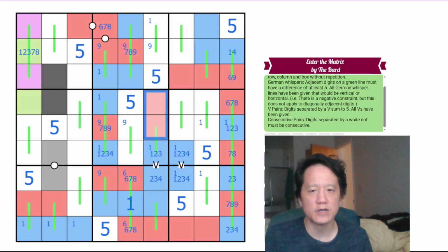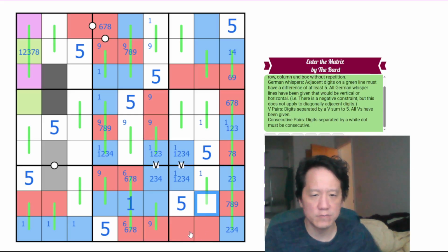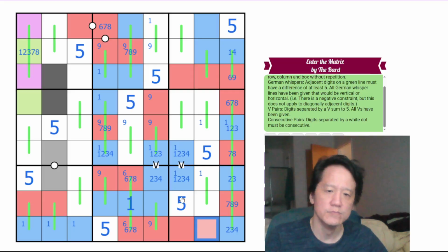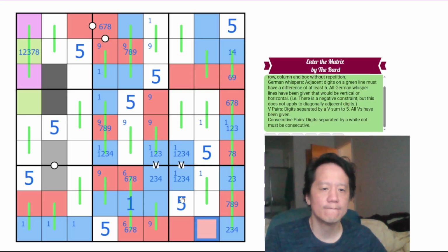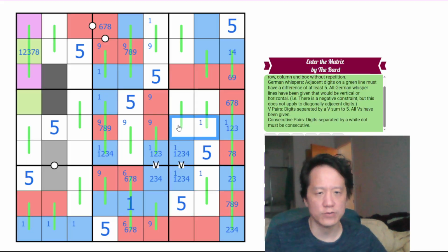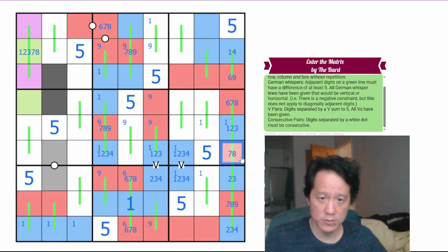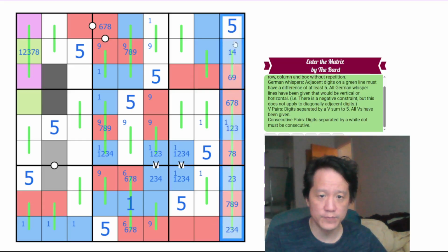Either of these could be 9. That's fine. And this could be 9. 9 cannot be here. 9 could be any of these 4. 9 cannot be either of these. 9 can't be here either, because the 9 has to be next to the 4 in this column, and the 4 can only be here or here.